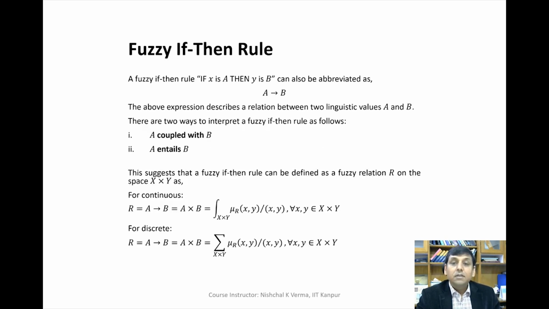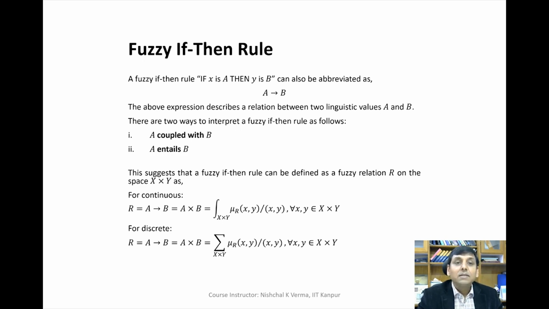So here, when we talk of fuzzy rules, they are always in the form of: if the linguistic variable is some linguistic value, then again the linguistic variable as the output is some linguistic value.